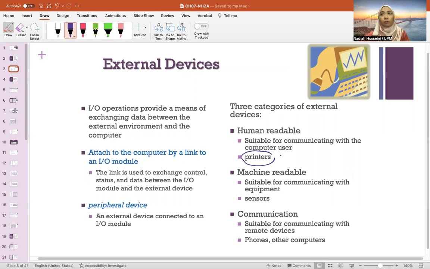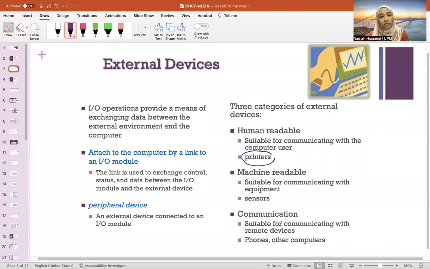Machine readable is data captured by a machine that we don't have a way of interpreting unless we do some sort of processing inside the computer. You get binary data, and obviously we can't read that. This is suitable for communicating with equipment such as sensors.